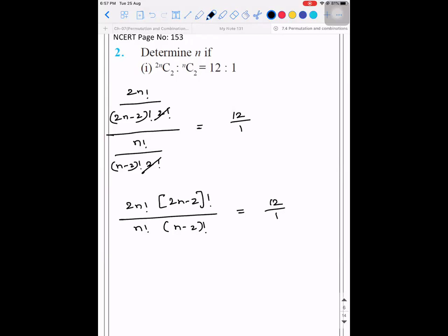So can we take 2 common in the numerator, sir?